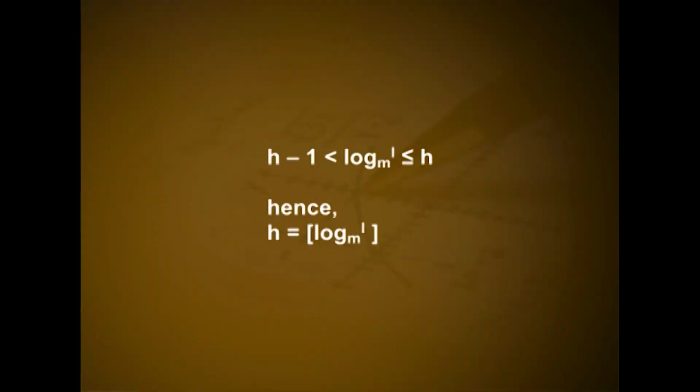Because L is less than or equal to m raised to h, we have m raised to h minus 1 less than L less than or equal to m raised to h. Taking logarithms to the base m, we get h minus 1 less than log L to the base m less than or equal to h. Hence, h is equal to the ceiling of log L to the base m.